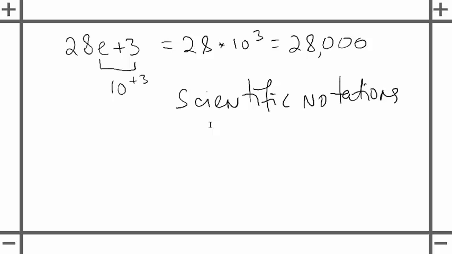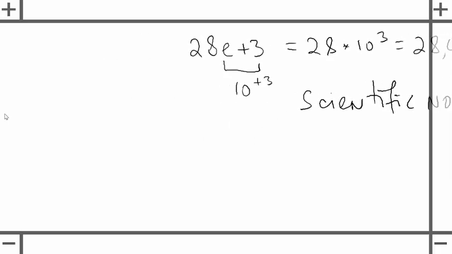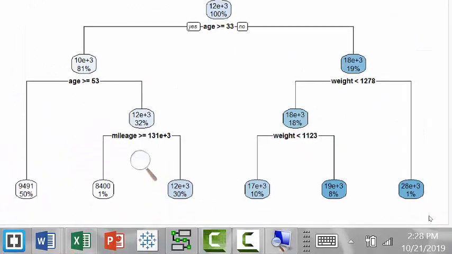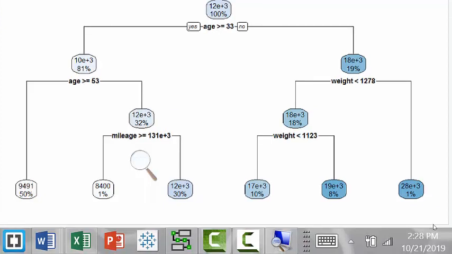The only reason why R does it this way is, of course, to save space, to make sure that a number like 9491 could fit within this rectangle, in the leaf. That was just too long, so it replaced that with scientific notation, okay? In actuality, it's not 28,000.